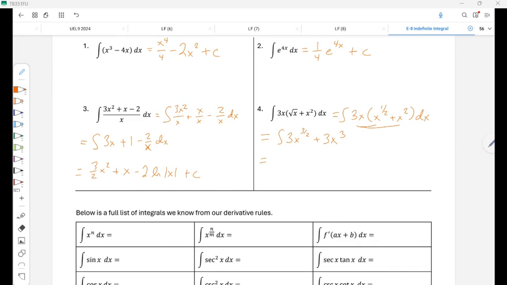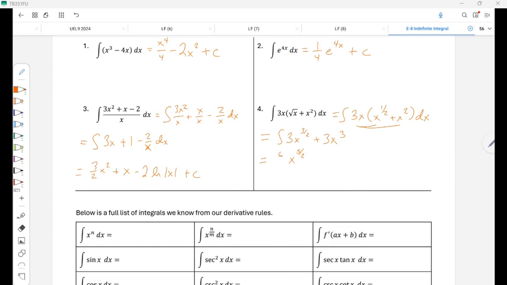Okay, so 2 power rules. The trickier one first. X to the 3/2. When I raise that up, I get 5/2. So 5/2 is my new exponent, which means that I need to divide by that or multiply by the reciprocal. So 2/5 times 3.